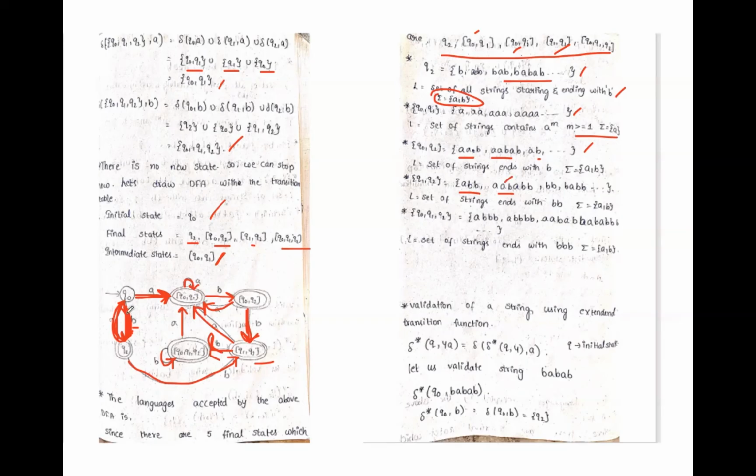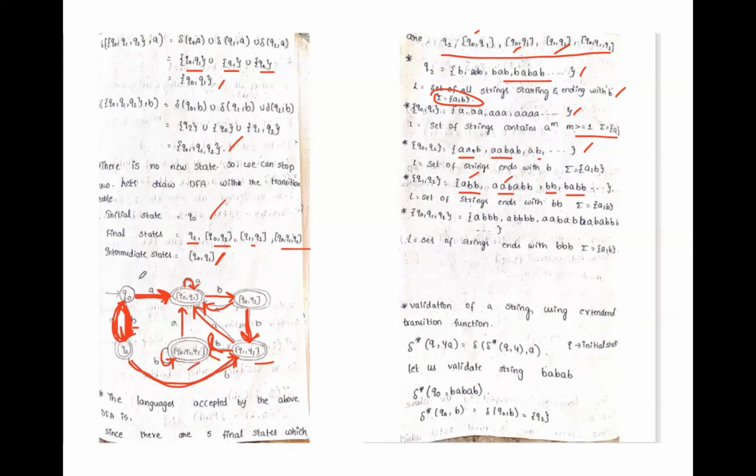And if you move in this direction, it is even possible to get BB, that is the third possible string starting with B. Or you can even have BABB, and so on. So these are some possible strings. So this can be written as the set of strings that end with BB.